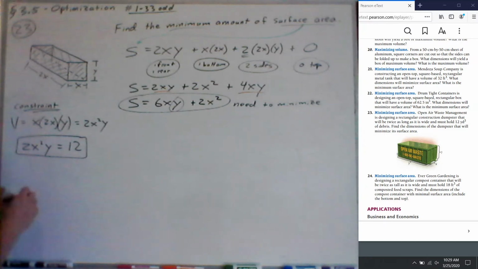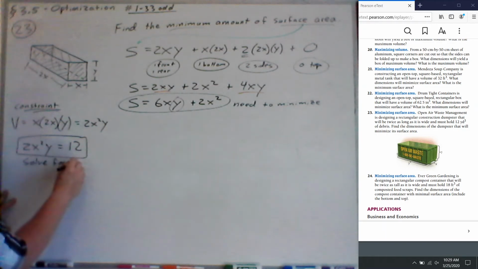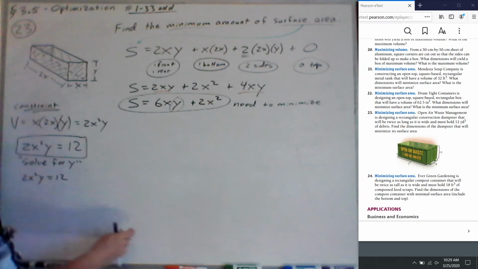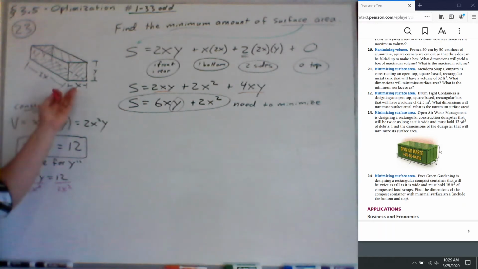Well, let's solve for y so that we can plug it in here. I need to use my constraint: if 2x squared times y is 12, I can divide both sides by 2x squared, assuming x isn't 0. I don't want to divide by 0, but if x is 0, I have no dumpster.